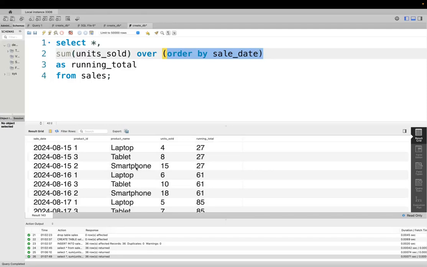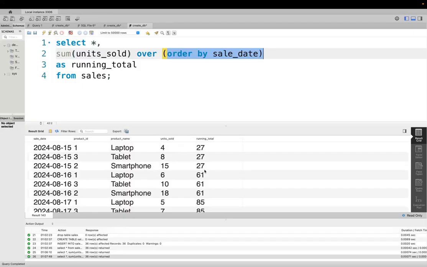So when there are repetitions, it considers them as one group. And for this group, total sales was what? 15 plus 8, 23 plus 4, 27. So it will show you the total units sold of all laptops, tablets, and smartphones.